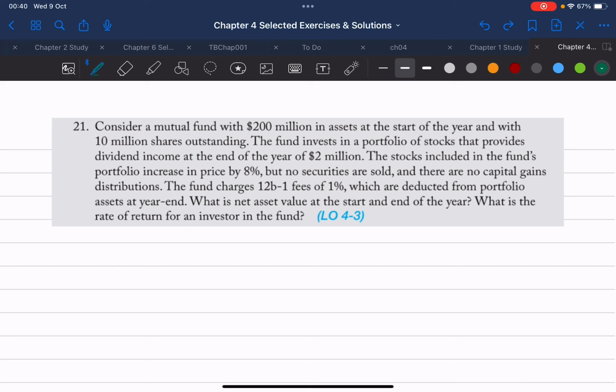First, we'll start with calculating the start of year NAV. Net asset value. Or you could just say net asset value at time 0, right? I'm okay with both ways of representing this, and that would be the market value of the assets in the fund, which was 200 million.